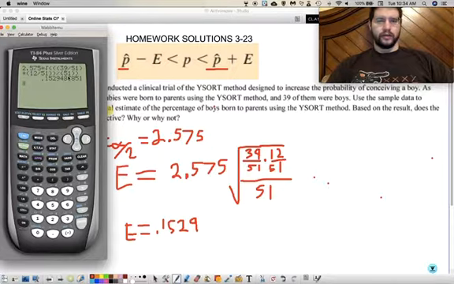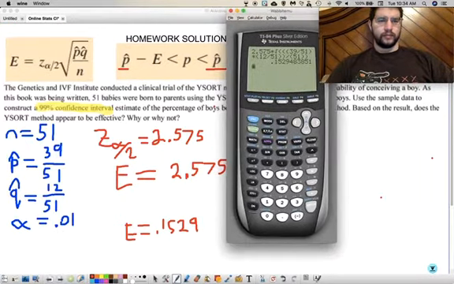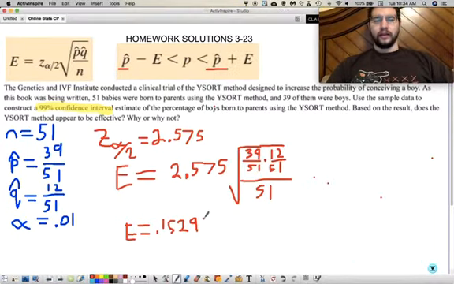So if I use the TI, I do 39 over 51 minus that answer. Let's see what it's saying. 0.612. So again, using the chart or the calculator didn't give you a difference there at the end.